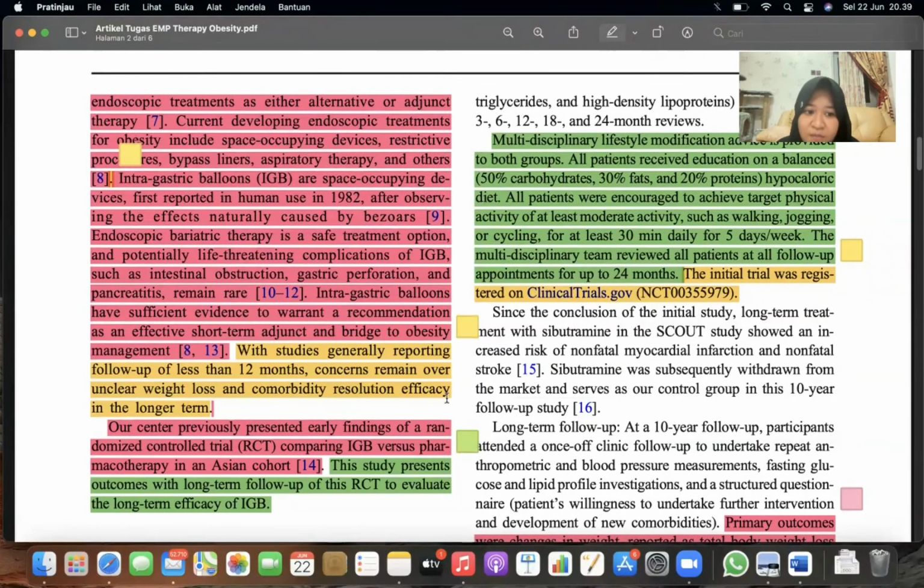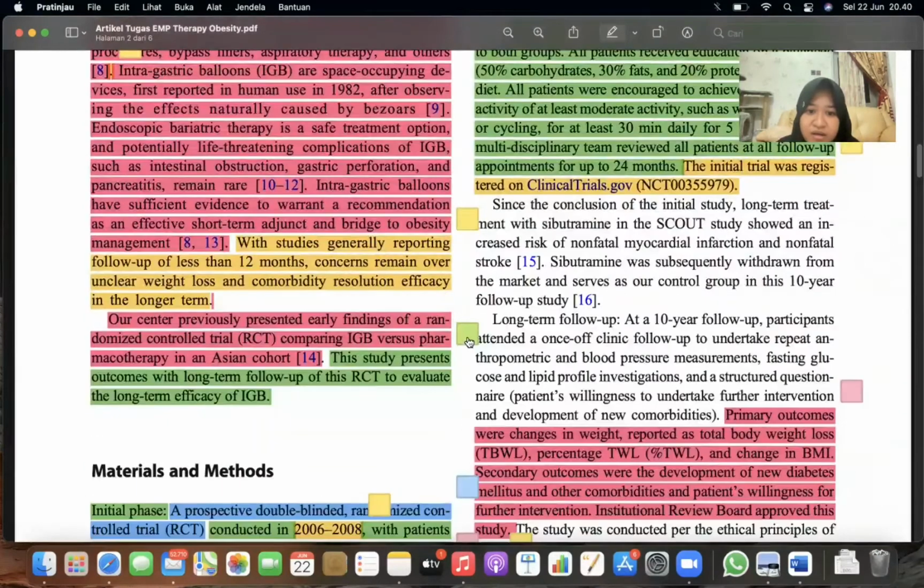After that, number 2B is specific objective or hypothesis. The study presents outcomes with long-term follow-up of this RCT to evaluate the long-term efficacy of IGB.